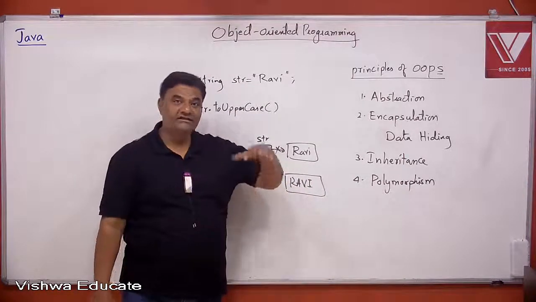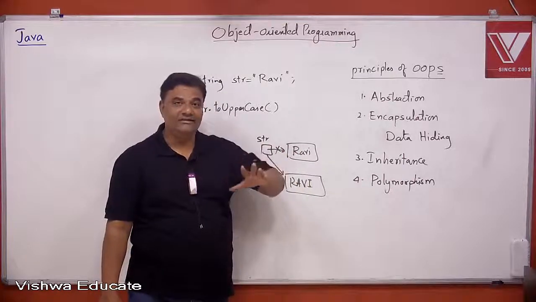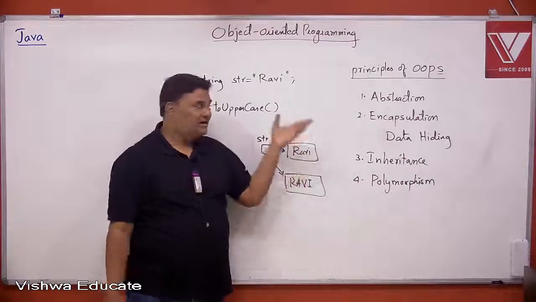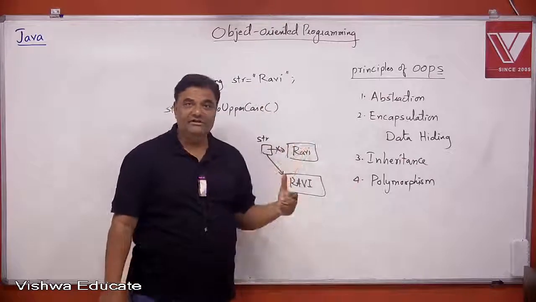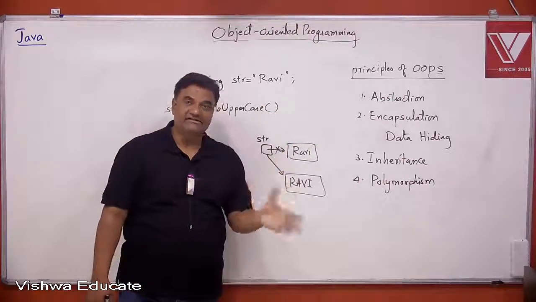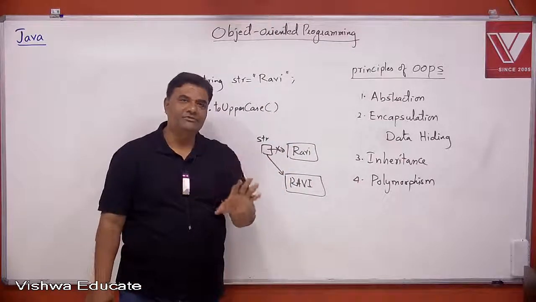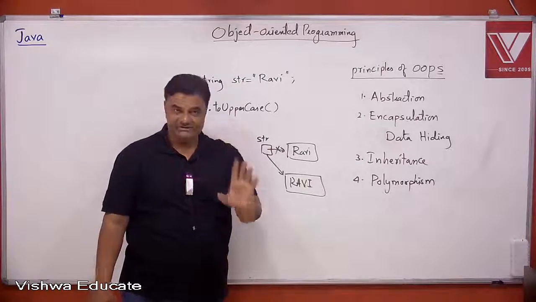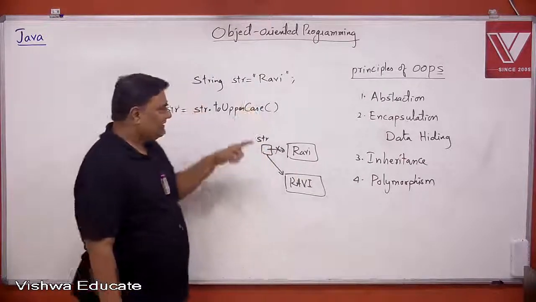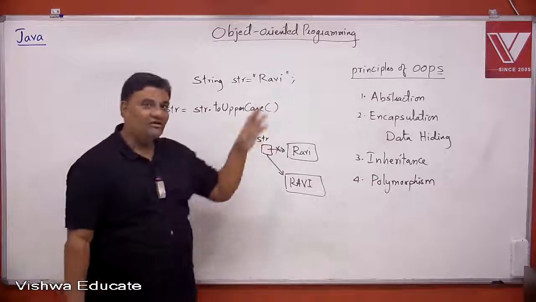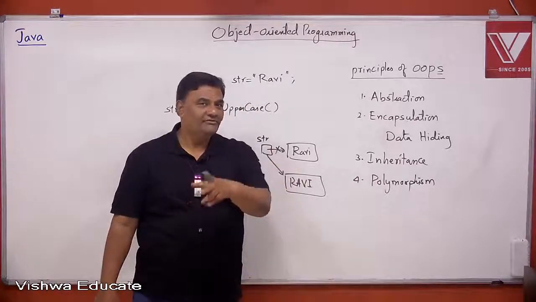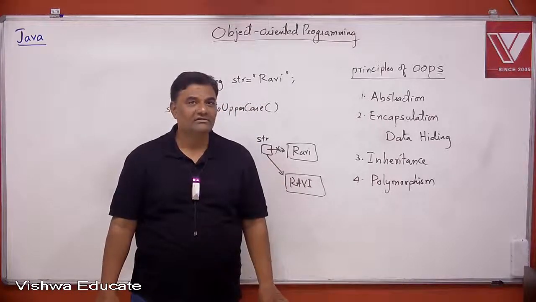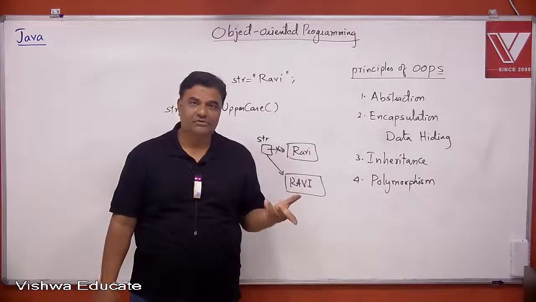Okay, you know that there are ASCII codes, and capital letter ASCII codes are from 65 onward, and if any lowercase letter is there, then it is changed. A little bit of logic you may know. Like this, in the string class there are many methods. Do you know the logic of all the methods? Don't know.